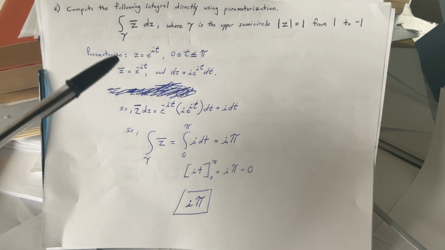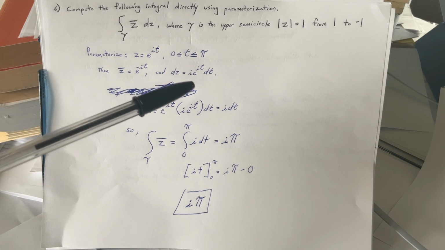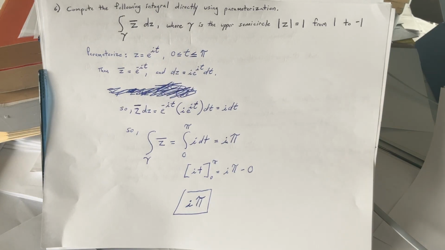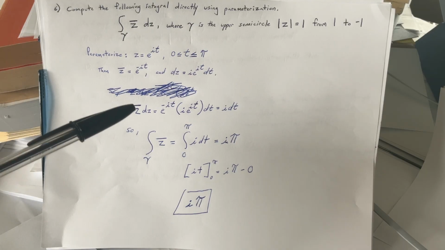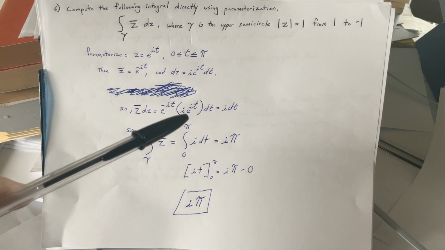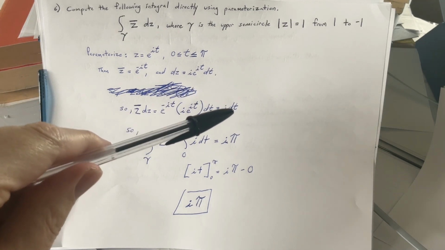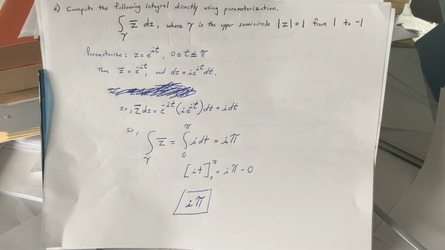Then z bar equals e to the negative it, and dz in that situation would be ie to the it dt. So z bar dz equals e to the negative it times the quantity ie to the it dt, and that reduces to i dt.